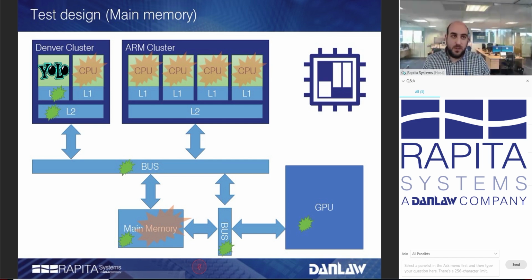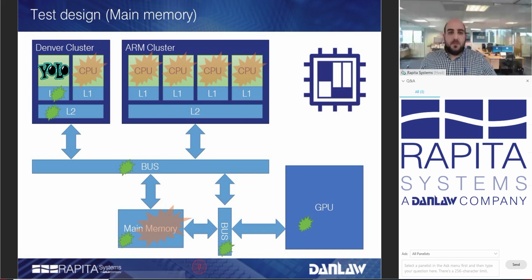Yellow itself will be using level 1, level 2, the buses, main memory, and the GPU for its processing. And we have rapid daemons on the rest of the cores in the system, which perform a very high number of accesses to main memory by producing many misses in all the levels of cache that are available in the platform.